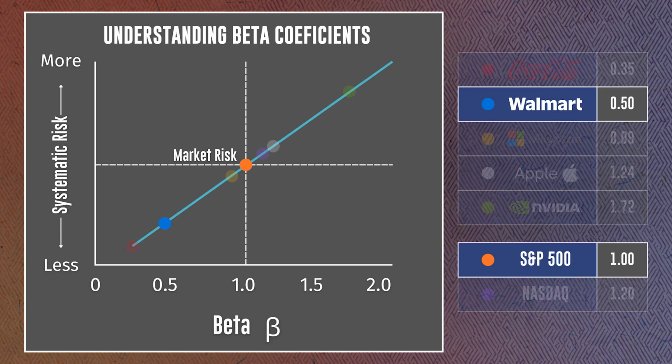Walmart, we see, has half the amount of risk of the average stock in the stock market, or the S&P 500. NVIDIA has a beta of 1.72, or 1.72 times the risk of the S&P 500.